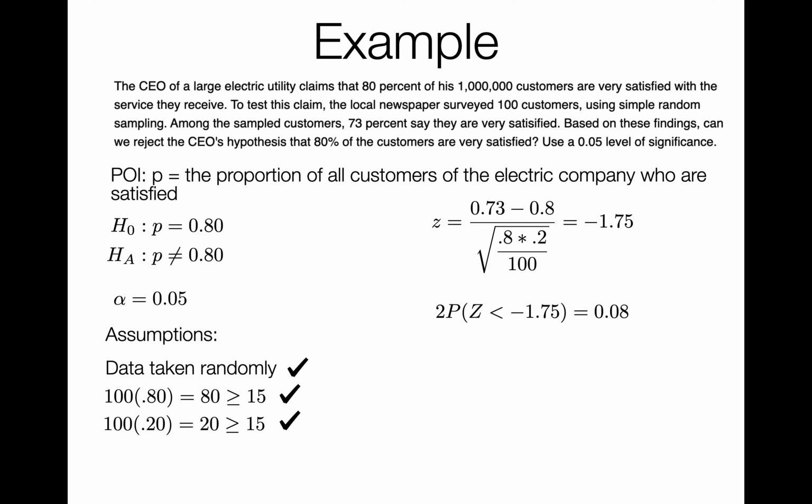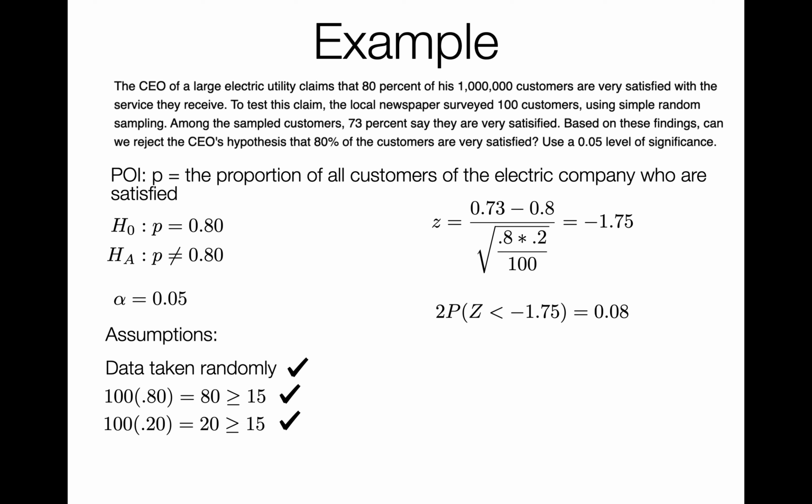It can actually flip depending on the sign of the z-score. Again, we don't really need to worry about that, I'm just putting it here for completeness' sake. The p-value that comes out is 0.08. That means there's an 8% chance to see what I saw or something weirder, given that the null hypothesis is true.